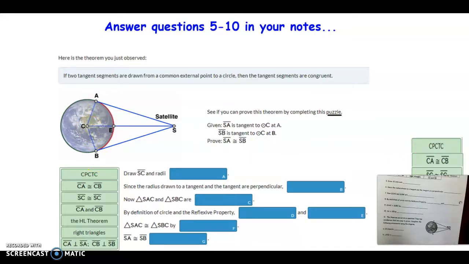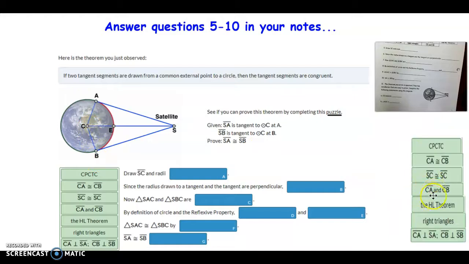So I'm going to move here so I can drag, hopefully I can drag these. Oh, they're locked, so let's unlock those. Okay, so I'm going to drag the CA and CB. Those are the names of my radii.